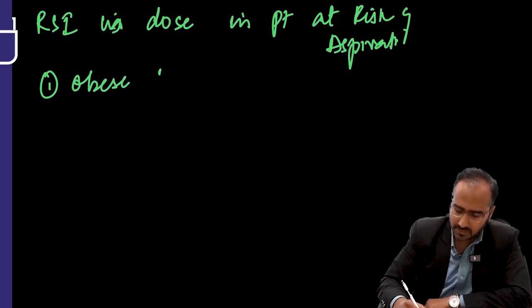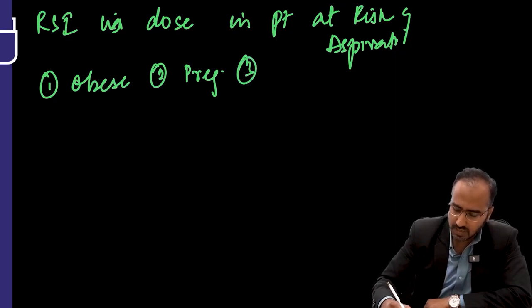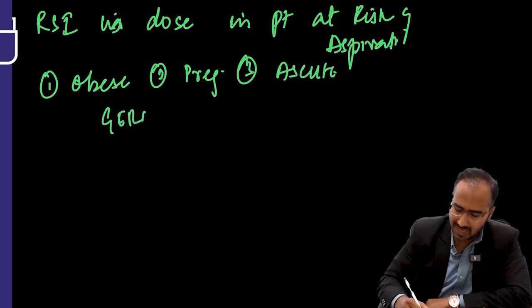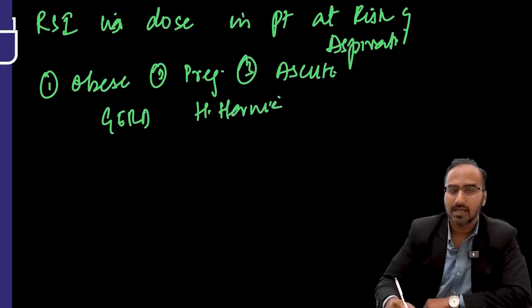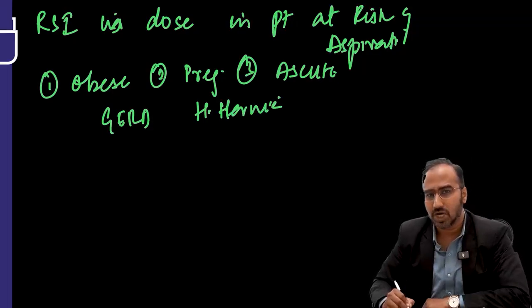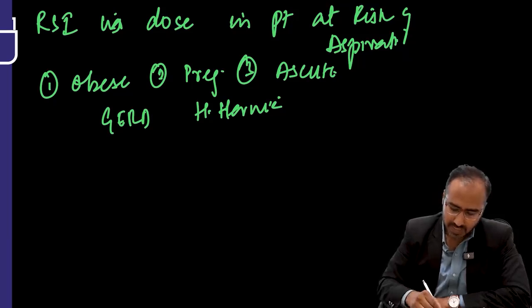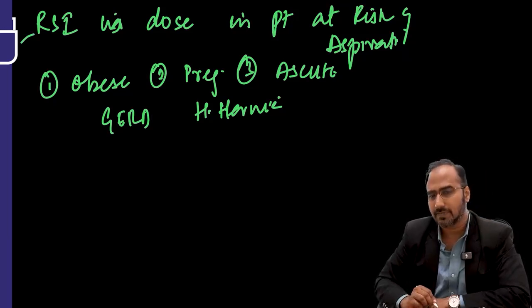Obese patients, pregnancy, SITs, GERD, hiatus hernia. These are all patients who are at risk of aspiration. Okay. So guys, this is regarding the Sellick's maneuver.